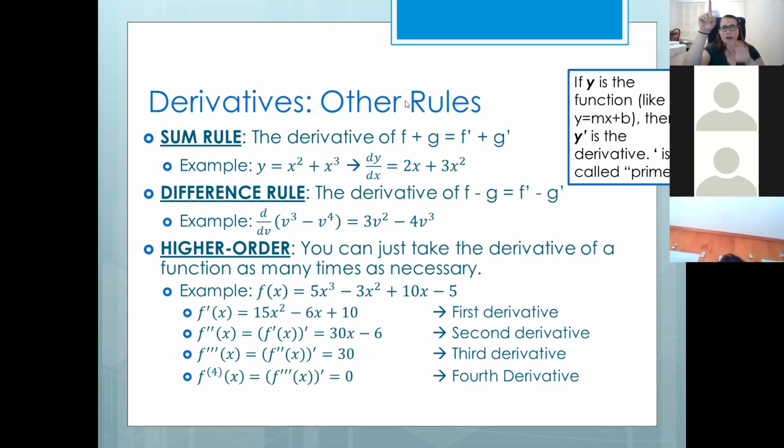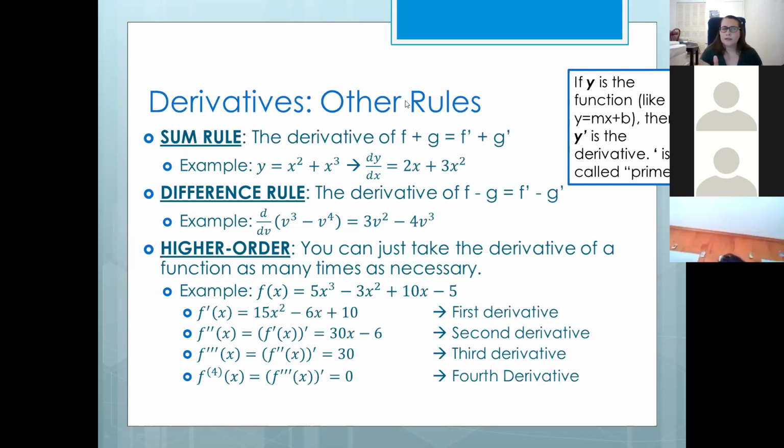We multiply our coefficient 10 by that power 1, and then we subtract 1 from that exponent. So it becomes 10 times x to the 0. Anything to the 0 is 1. So 10 times 1, which is 10. That doesn't change your constant. So that's how we got it from 10x to a constant.